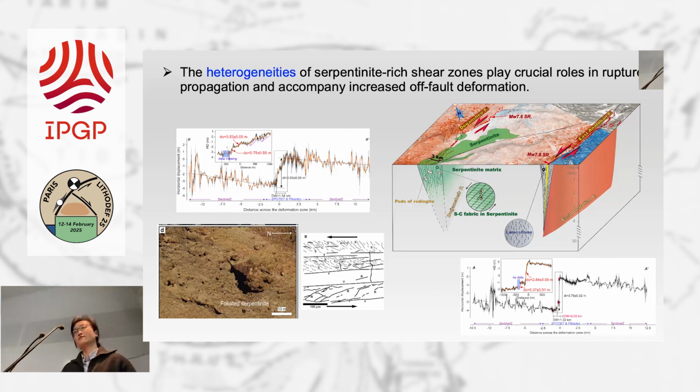So this study is probably the first time in nature we observed a rupture propagating into or through the serpentinite region and inducing abnormally large off-fault deformation.